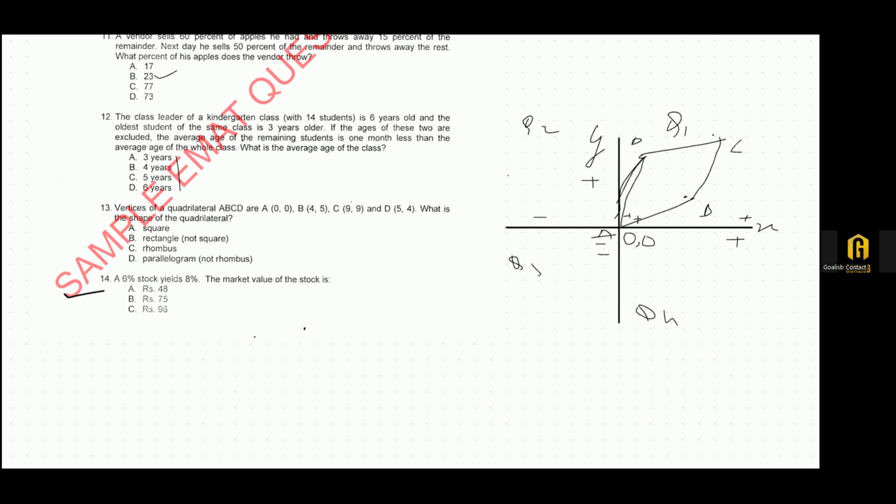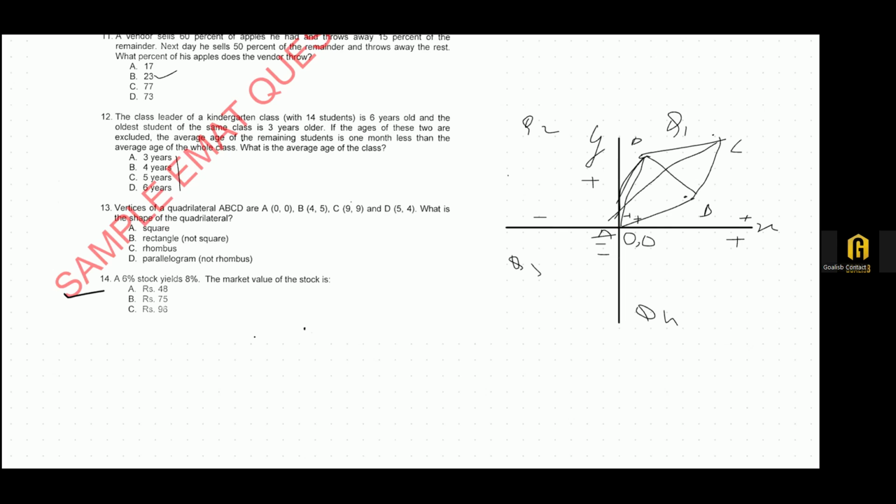So it's a question which tests your knowledge of geometry as well as coordinate geometry. If the given figure is a square, then both the diagonals must be equal. In case of a rectangle also. So first let us check whether the diagonals are equal. If they are equal, then it might be a square or a rectangle.